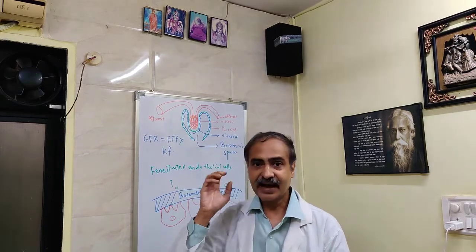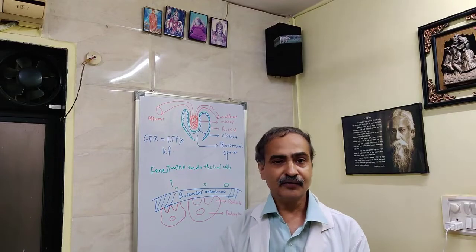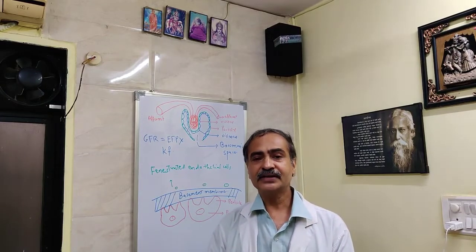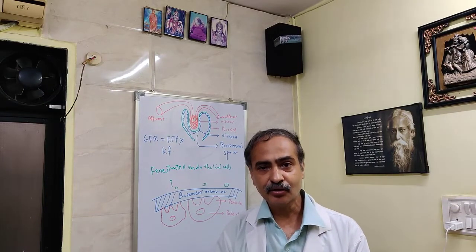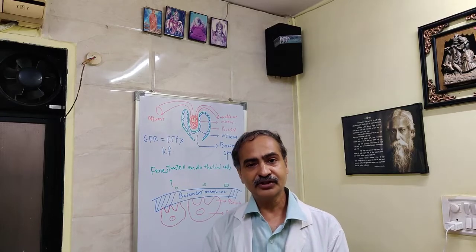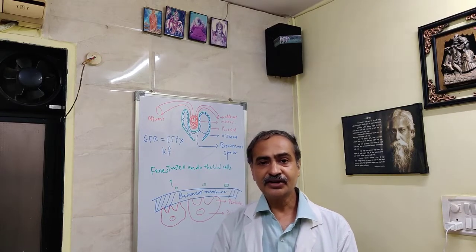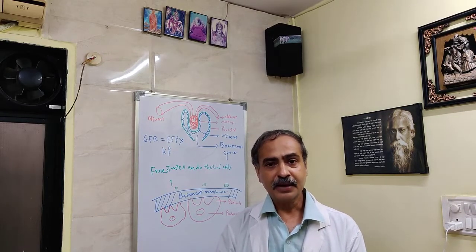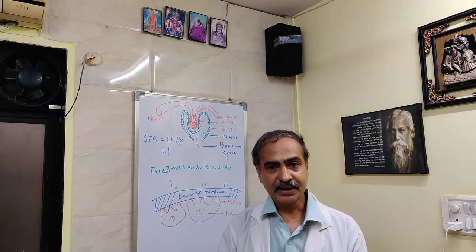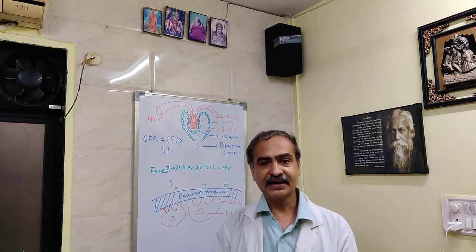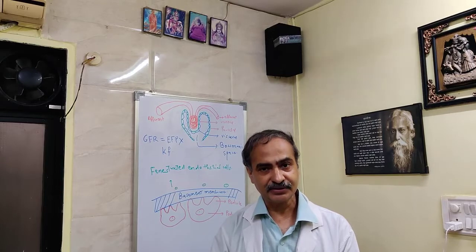As a result, it acts as a high driving force, and thus the overall effect is high hydrostatic pressure in the glomerulus, which is responsible for filtration of fluid from the capillaries across the membrane, and thus the glomerulus acts as the arterial end of capillaries.